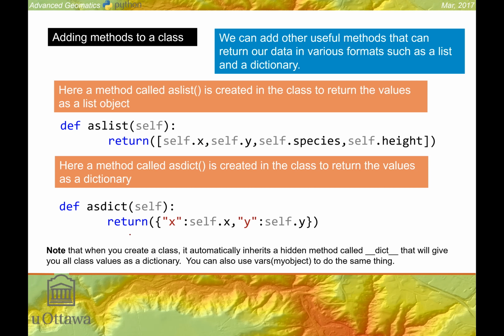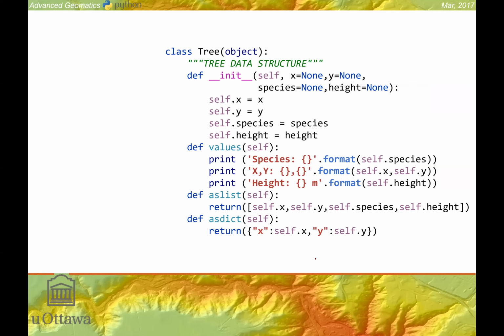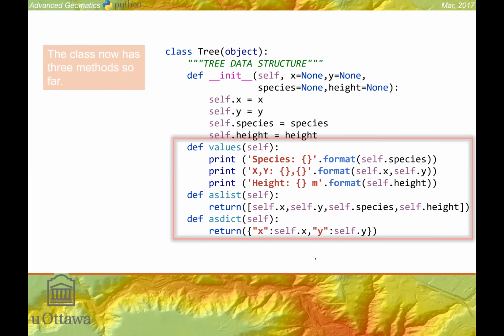We could make it from scratch, but we already have one. And as I note here, this is an example: def asDict self return, and then we just return a structured list like so. So this is what we look at more or less so far. We have our tree data structure, and then we have our methods. And we have 3 or 4 methods so far.